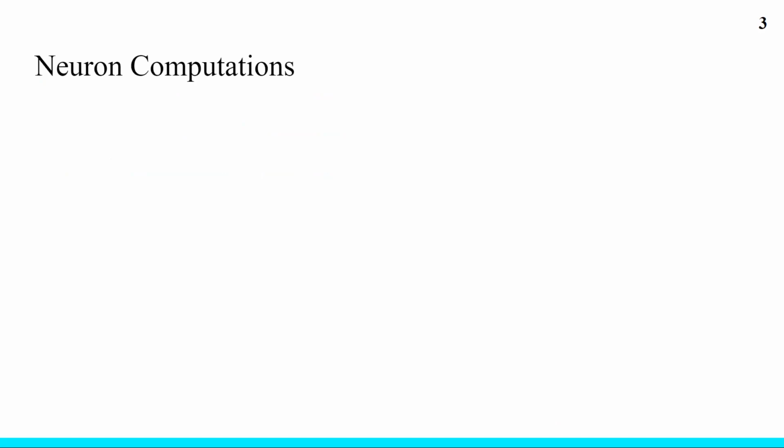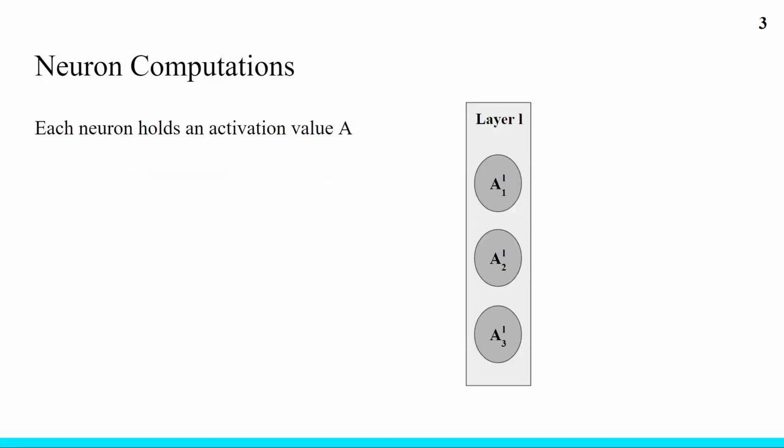To look a little bit more deeply at the connections within the network, I want to discuss the actual behavior of the neurons themselves. So for each neuron in a layer, if you give some input to the network, they'll have an activation value A, which is an indicator of their behavior with respect to that input value. Now, these activations are input value dependent. So if you give different inputs, you'll get different activations or behaviors of the various nodes in the network.